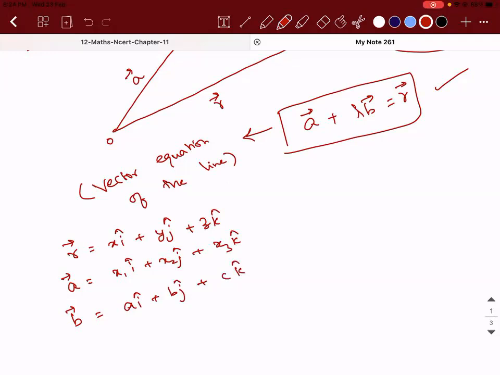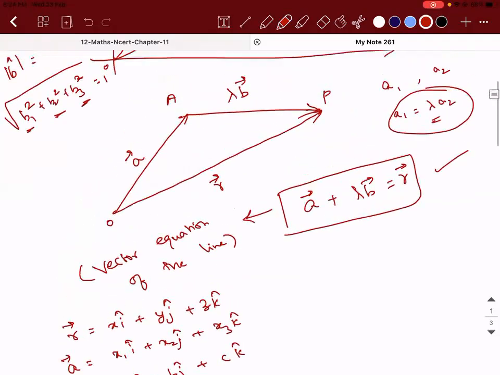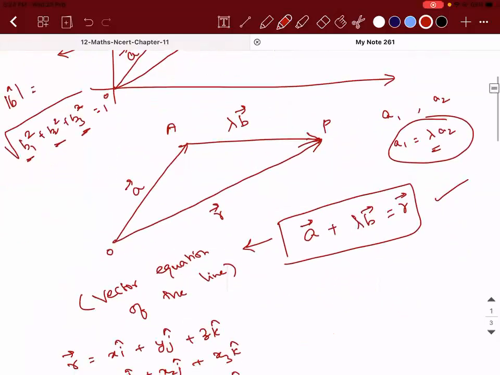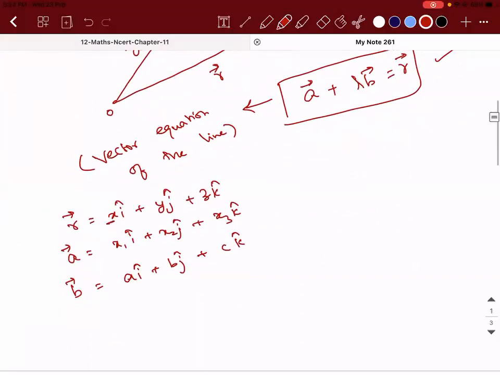Can I write it like this? Where x, y, z are the direction ratios.